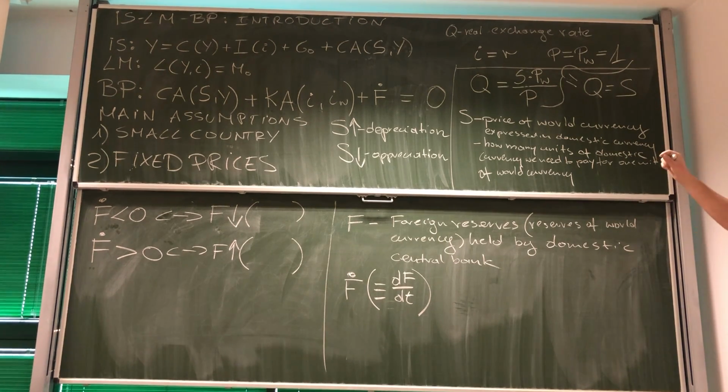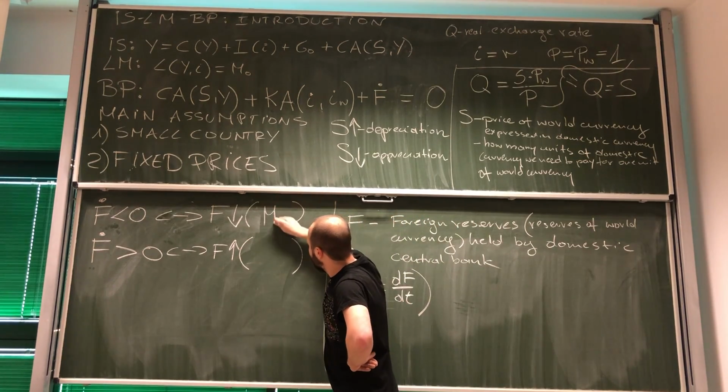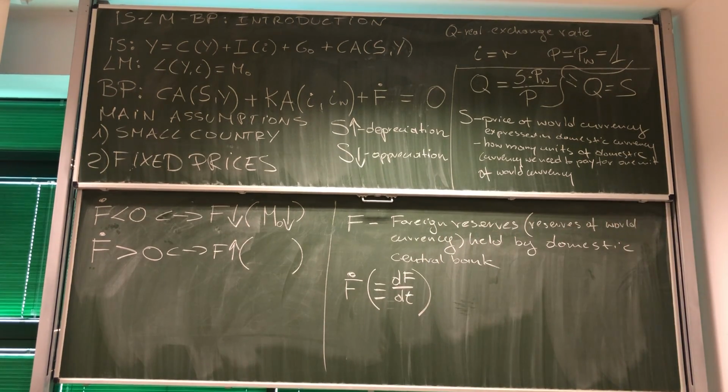Look, if the central bank is selling foreign reserves and purchasing our currency with those foreign reserves, our currency goes to the central bank. So as foreign reserves are going down, our money supply also goes down.